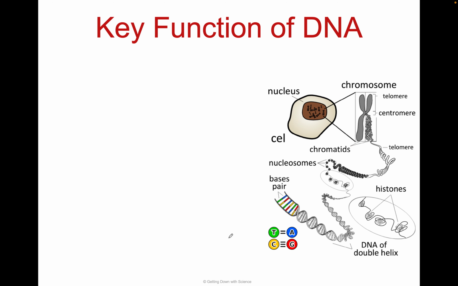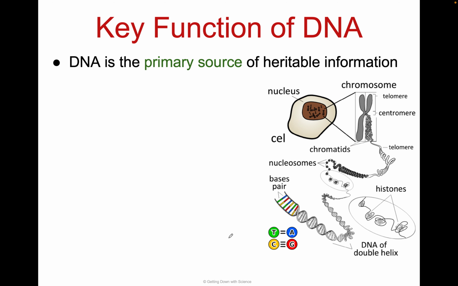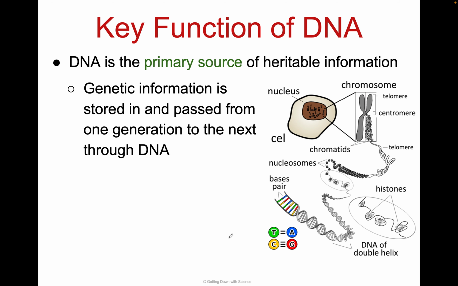These are things that we know. We've reviewed this before. This is going to be easy. We know that DNA is the primary source of heritable information. Genetic information is stored and passed from one generation to the next through DNA. If you're familiar at all with computer coding, the 1s and the 0s, the binary code, we can get a computer to do anything we want by using these 1s and 0s. Your DNA is the same, except we have those extra 2 pairs.